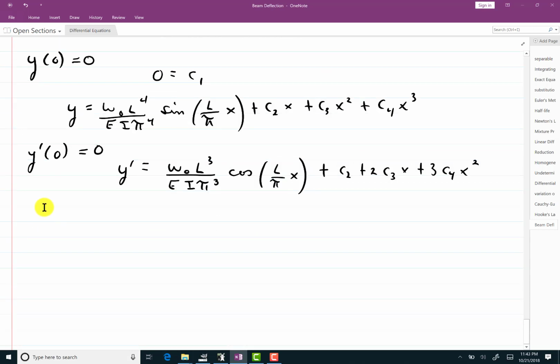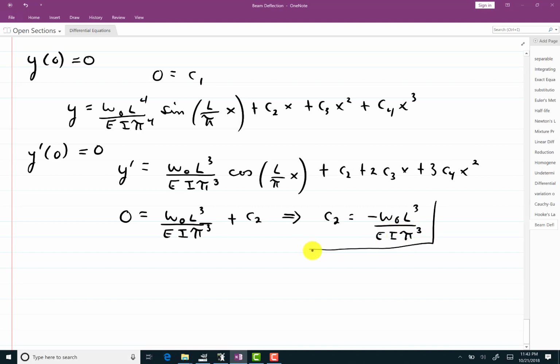Let me replace x with 0. Cosine, of course, does not go away here, but it does become 1. And I'll get W naught L cubed over EI pi cubed plus C2. And of course these things disappear and we're able to get C2 rather easily. C2 will equal negative W naught L cubed over EI pi cubed. I'll circle that so I have reference to it later.